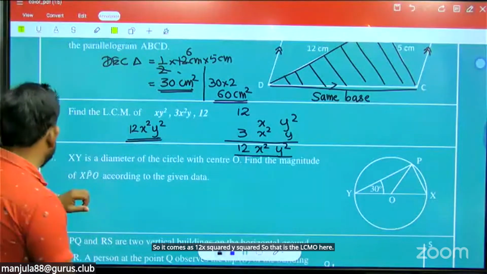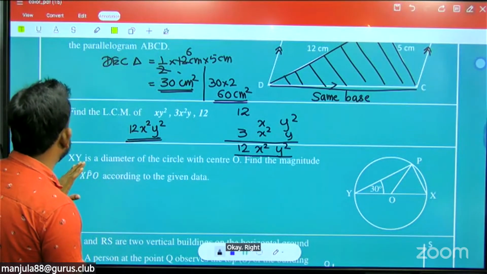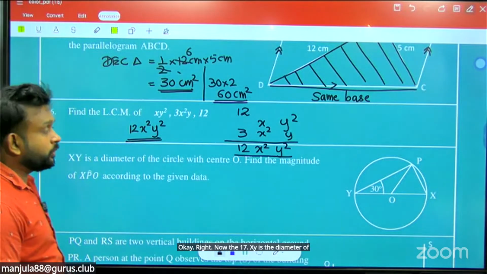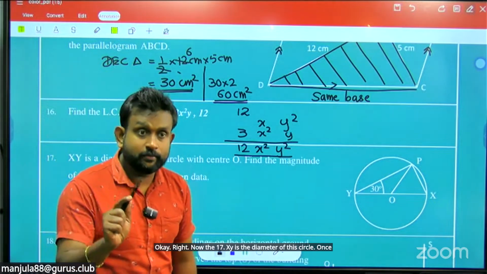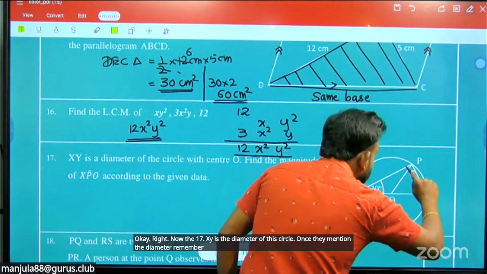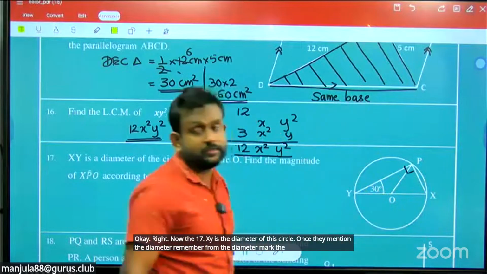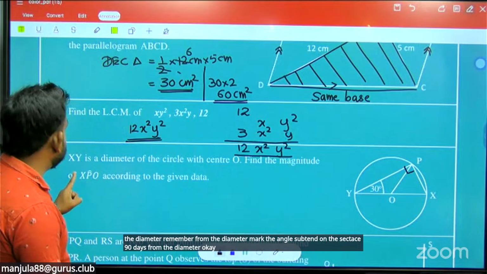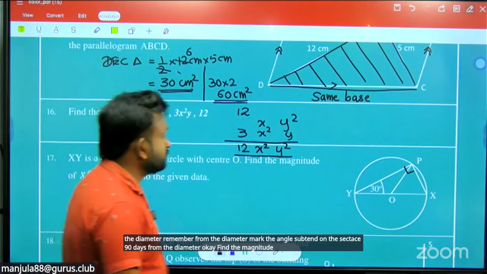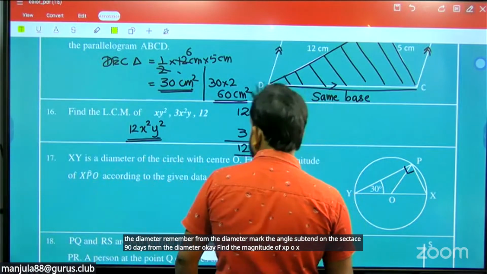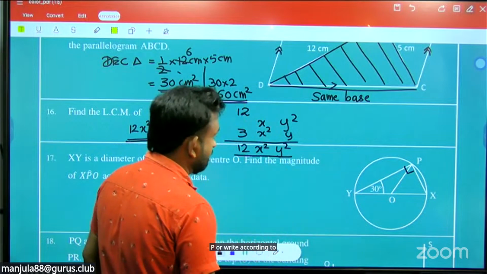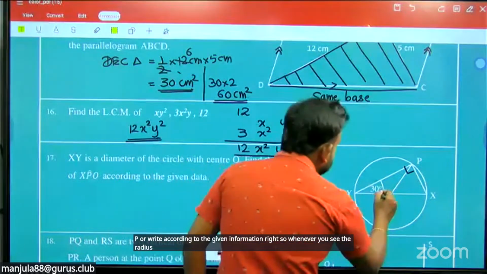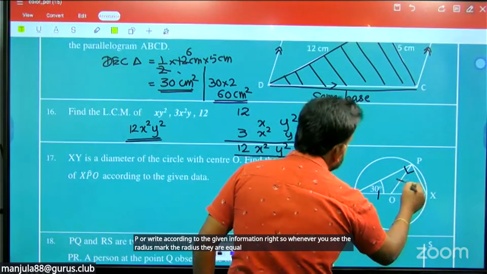So that is the LCM of here. Okay. Right. Now the 17. XY is the diameter of this circle. Once they mention the diameter, remember, the angle obtained on the semicircle from the diameter is 90 degrees. Okay. Find the magnitude of XPO, according to the given information, right? So whenever you see the radius, mark the radius, they are equal in length. So these are 3 radii.